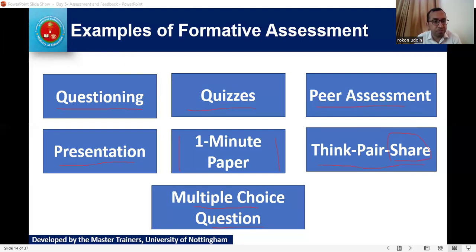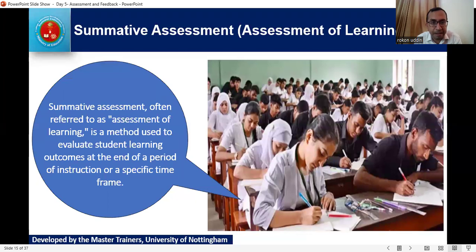Okay. Now let us move on to the next concept: summative assessment. We have come to know about examples of formative assessment. Now we will come to know about summative assessment. Summative assessment is a method which comes at the end of the learning process.